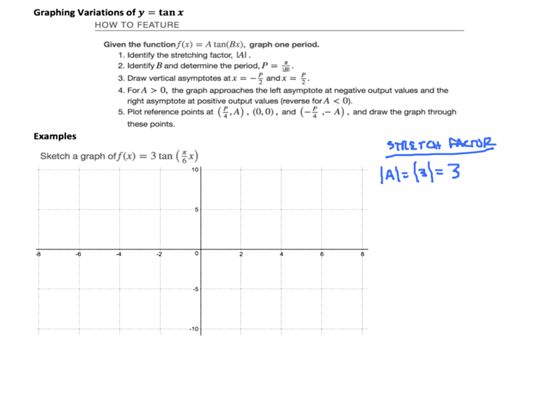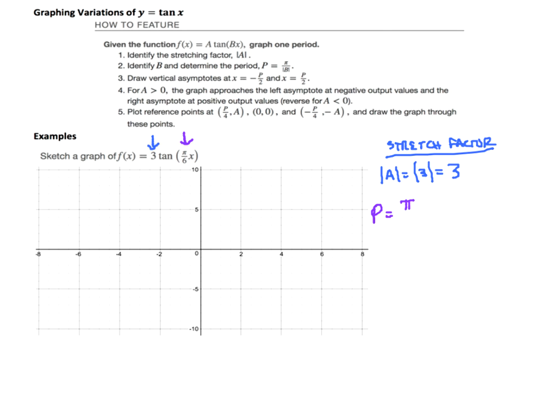Okay, so you can see that that a value right there is 3. All right, our next task is to identify b and determine the period for the function. So my b value is pi over 6. And my period is equal to pi.